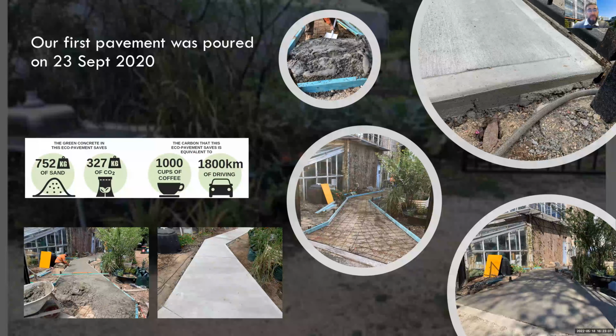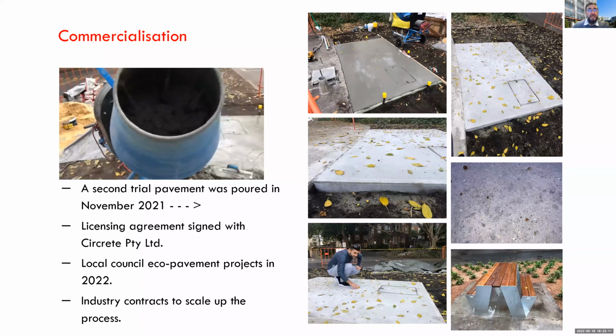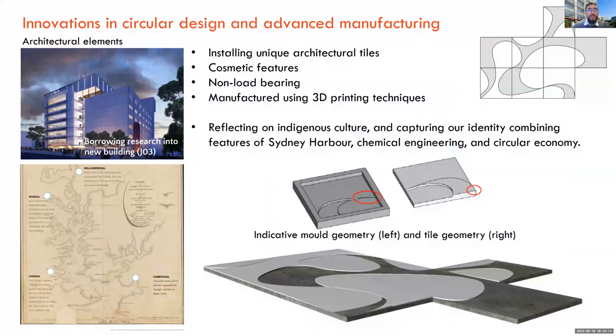This is an example of our first pavement that we've trialed on campus. Another one that we have trialed on campus recently as well. And also we are building more of these boutique construction elements, 3D printed using advanced technology, and very sustainable, low carbon materials.